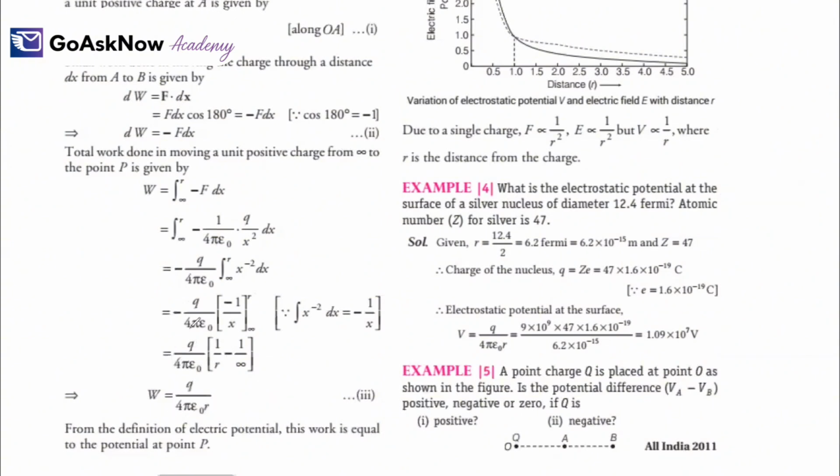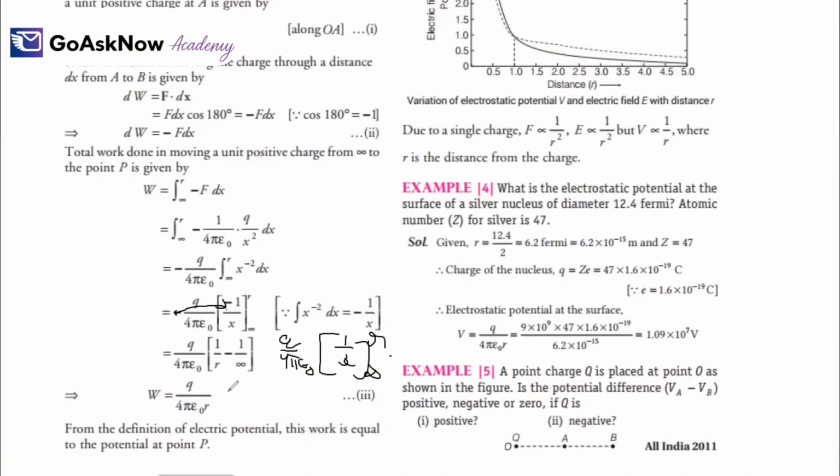Here q by 4 pi epsilon naught is there, and the minus sign comes inside the bracket and makes it a plus sign. So it becomes 1 by x with limits from infinity to r.